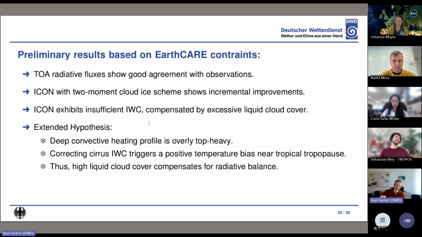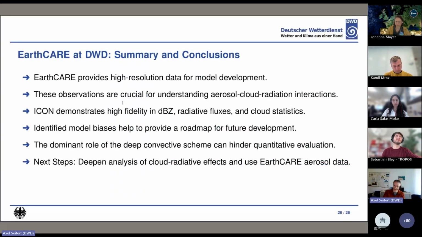And that forces us to have fewer cirrus clouds or lower ice water content. And then to have the correct radiative fluxes, we start compensating this with liquid water clouds. So that would be the more convoluted story. But it gives us a clear avenue for future development.